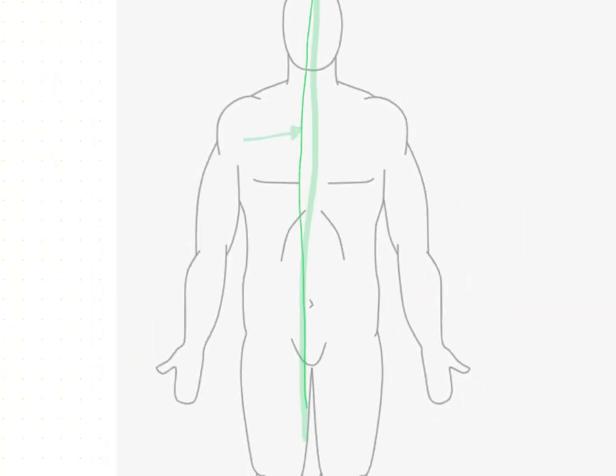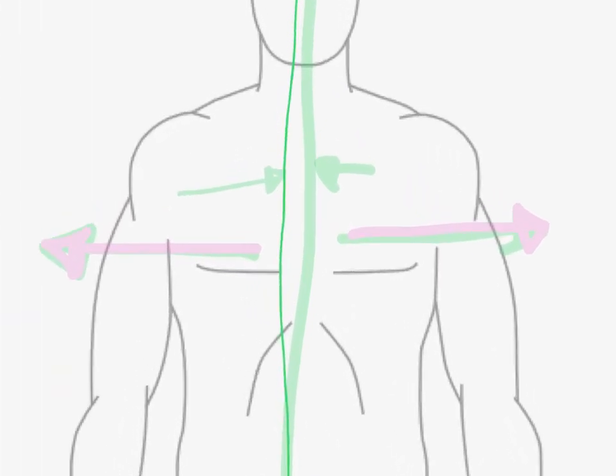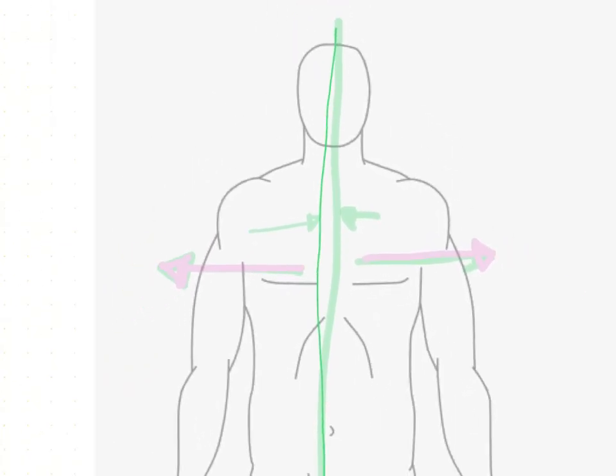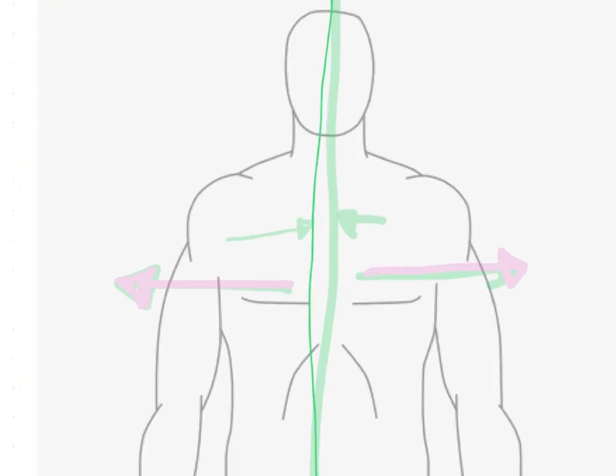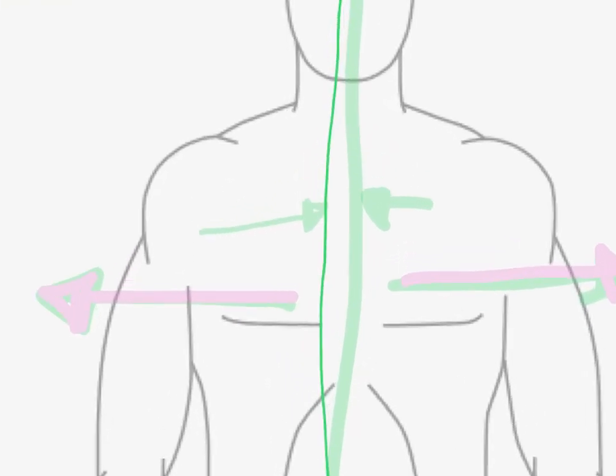And then anything that goes outwards like this is lateral. So the way that I honestly remembered it was if medial is inwards, then lateral will have to be outwards.